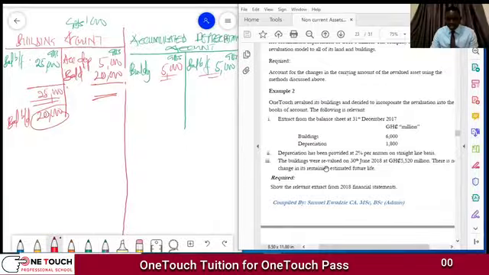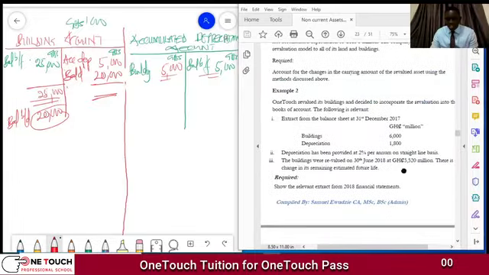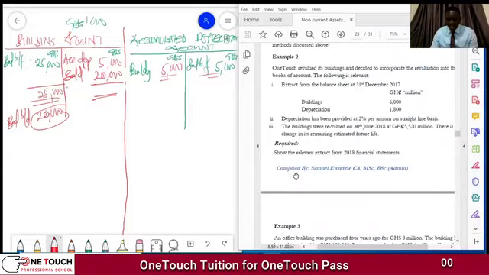The buildings were revalued on 30th June 2018 at 5,520,000. There is no change in its remaining estimated future life required. Show the relevant extract from the 2018 financial statements. Okay, good. So now we have this question.